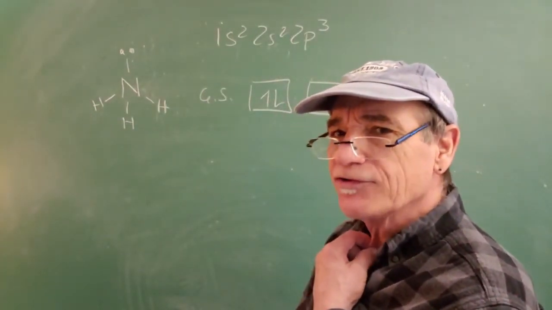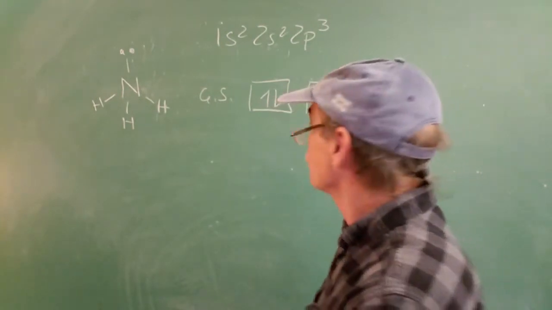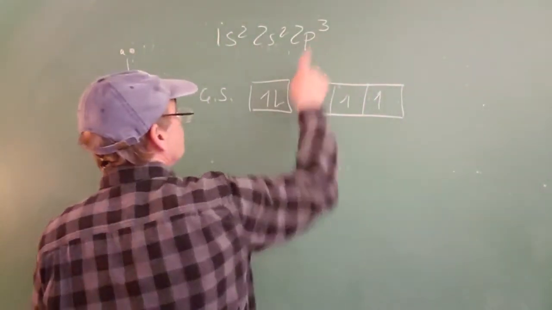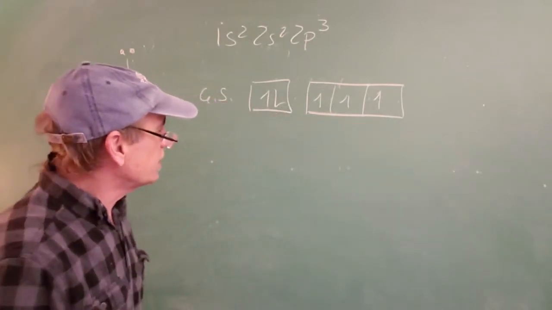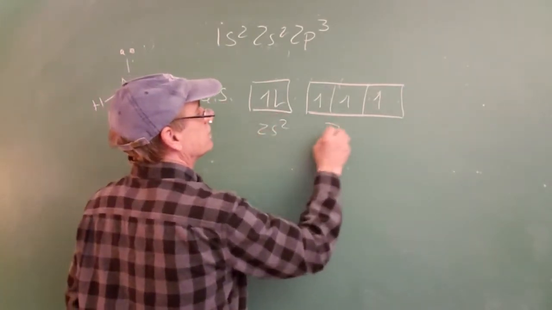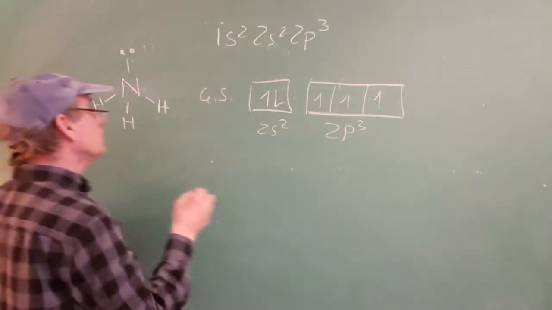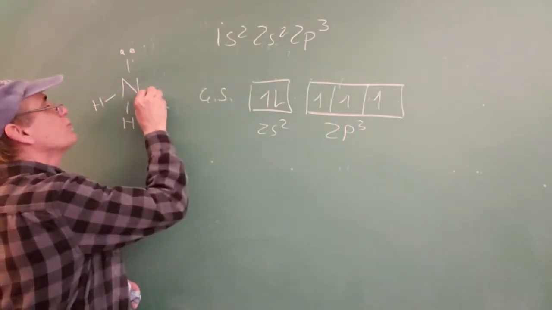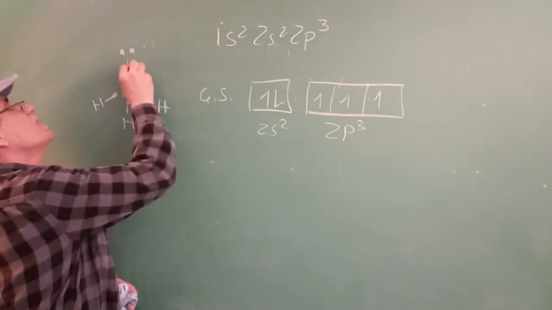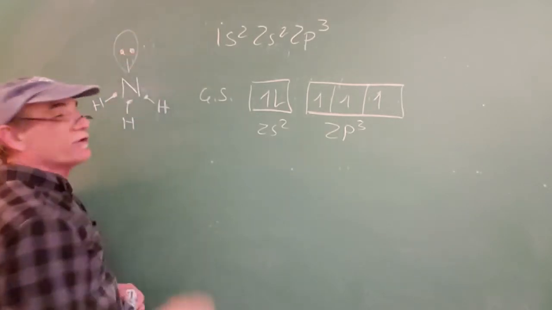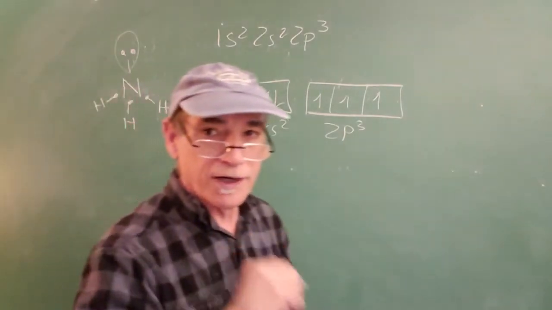Let's look at the ground state electron arrangement of nitrogen. It's 1s2, 2s2, 2p3. So here's the 2s2, here's the 2p3, and put that in here. According to my Lewis structure, nitrogen is going to provide 3 single electrons for the hydrogens, but it's going to retain 1 pair that's going to reside in one of those orbitals, a lone pair.